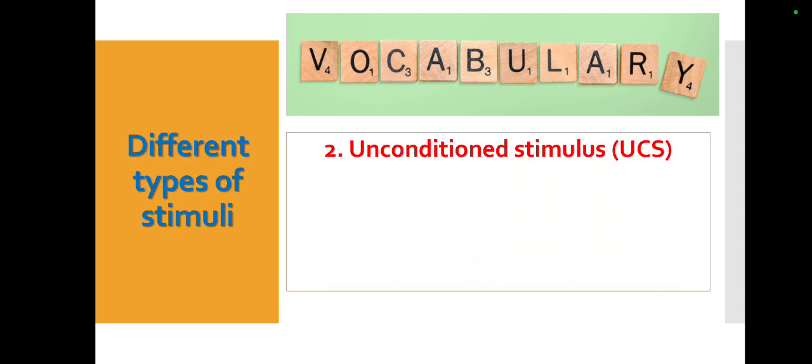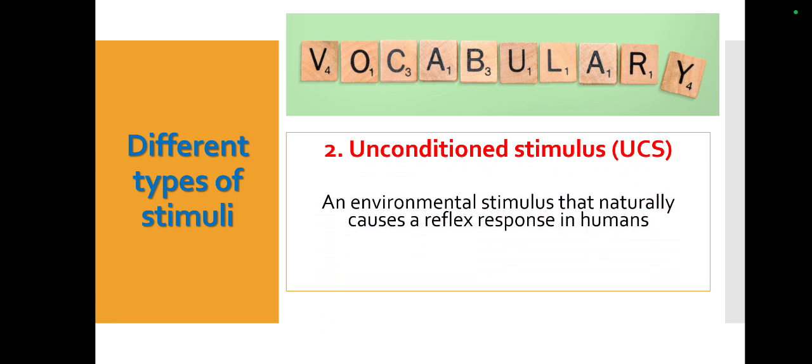What we also need to refer to when we're describing how classical conditioning occurs is an unconditioned stimulus. Now, this is the opposite to a neutral stimulus. This is an environmental stimulus which in humans causes a natural or reflex response. So with our example, how does somebody become afraid of a feather?